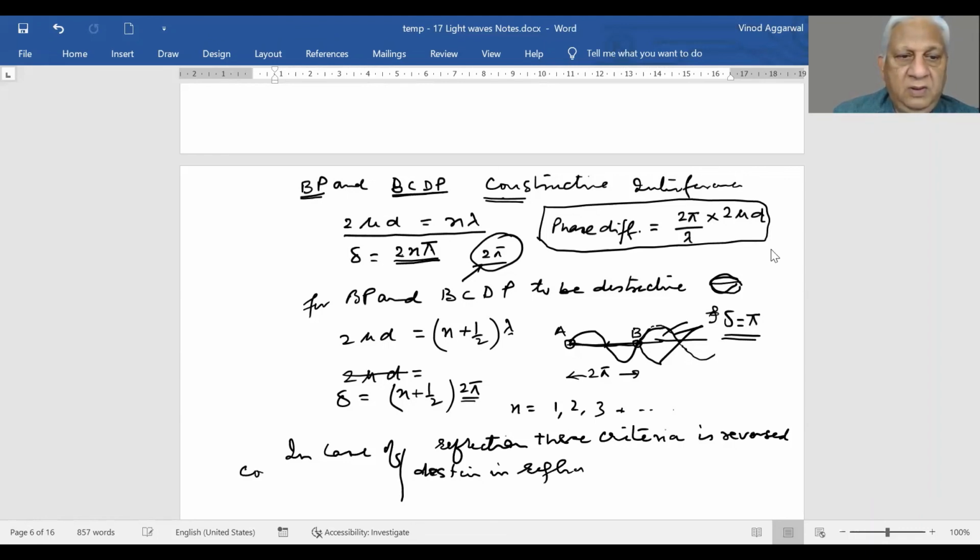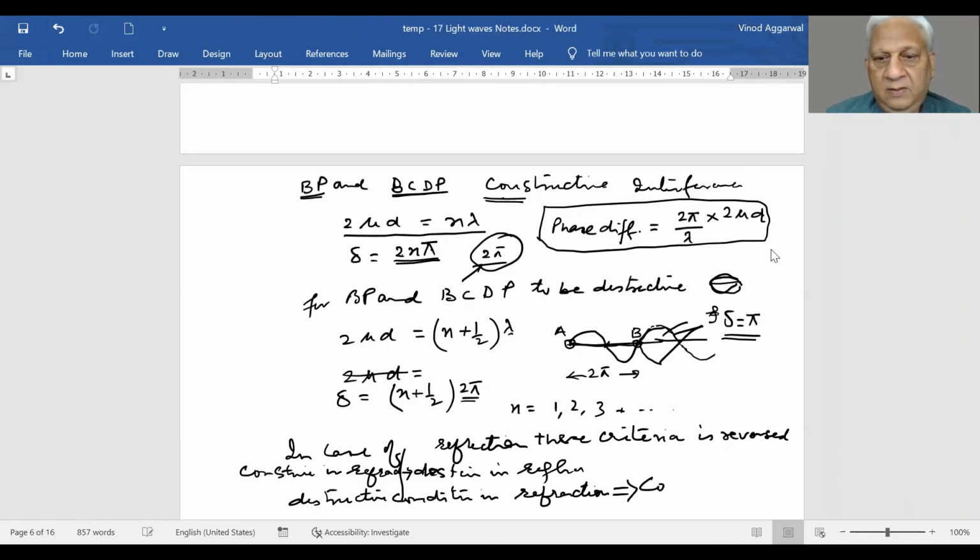So if you have constructive in refraction, this would mean a destruction in reflection, and conversely, if you have destructive condition in refraction, this will mean a constructive condition in reflection.